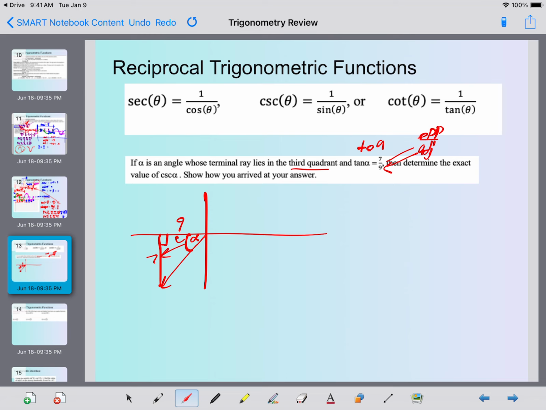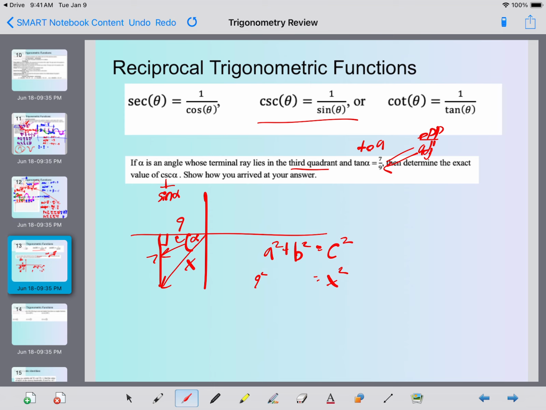We want to find cosecant, which is 1 over sine alpha. Cosecant is 1 over sine. We're going to have to find the hypotenuse, so we use the Pythagorean theorem. A squared plus b squared equals c squared. X is your hypotenuse.